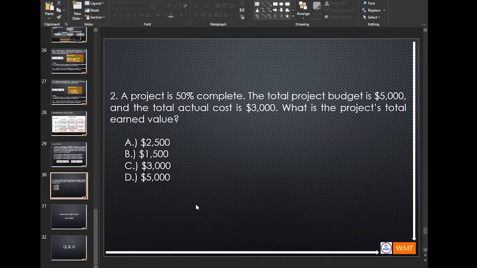So pwede niyang itanong kung ano naman yung related sa cost index natin or sa SPI. Meaning, isa yung given pero most probably dalawa, tatlo yung nakastore na mga questions doon. The longer the question, most likely mas simple pala yung answer.